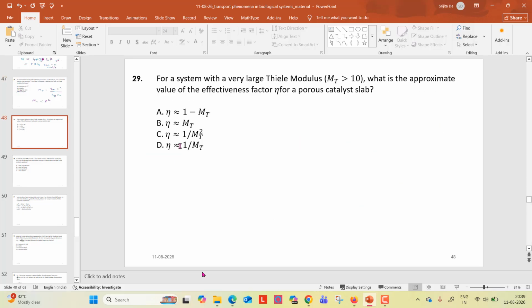Next. For a system with very large Thiele modulus, what is the approximate value of the effectiveness factor for a porous catalyst slab?